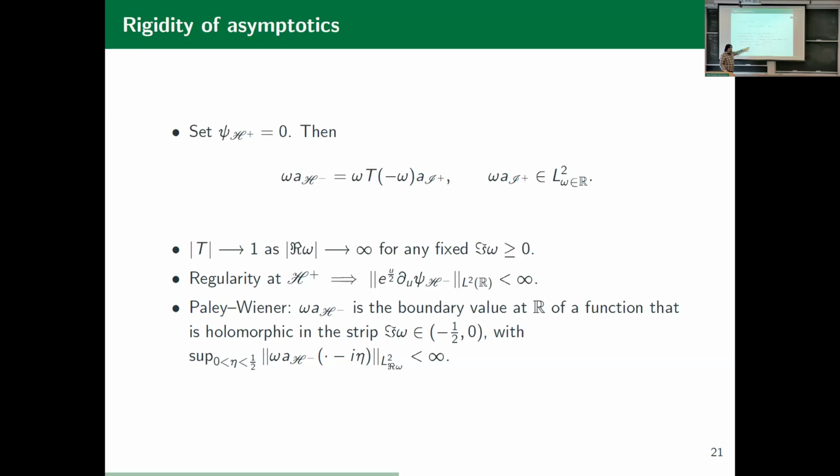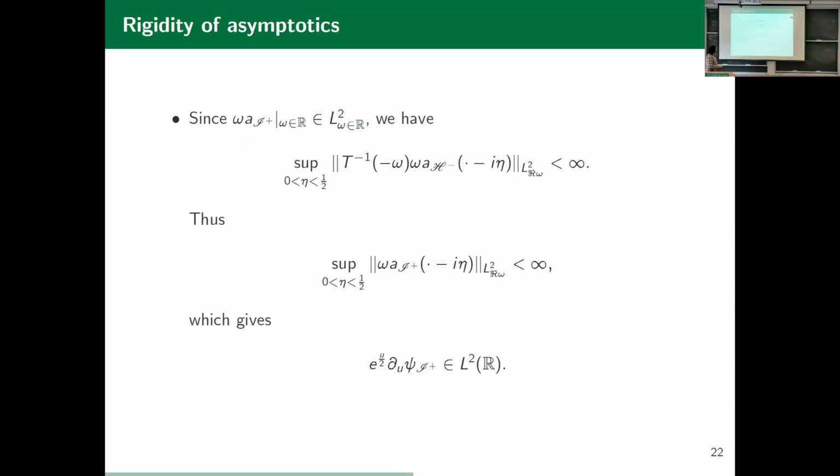And the supremum of the L2 norm over horizontal lines, the supremum taken over eta between 0 and 1/2, is also finite. So we have this property for AH minus, and because omega A scri plus is in L2 itself, that implies that T inverse omega AH minus is in L2 by the relation.